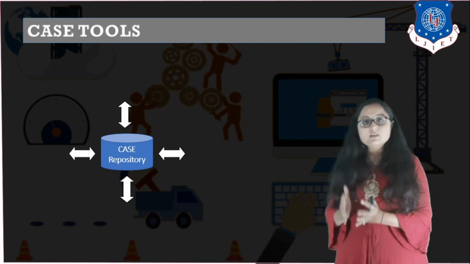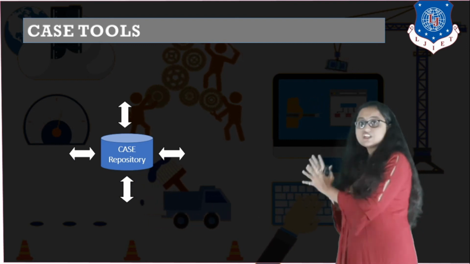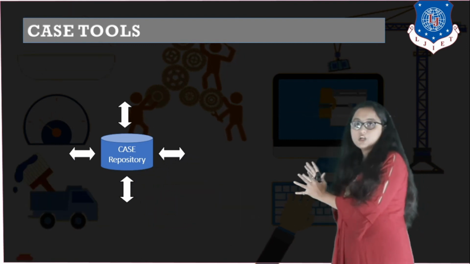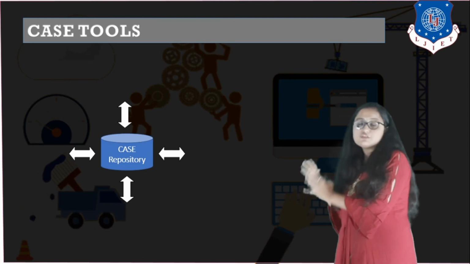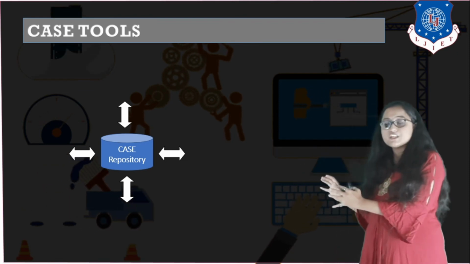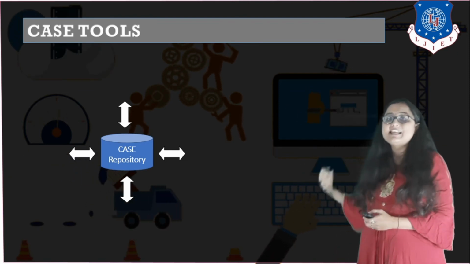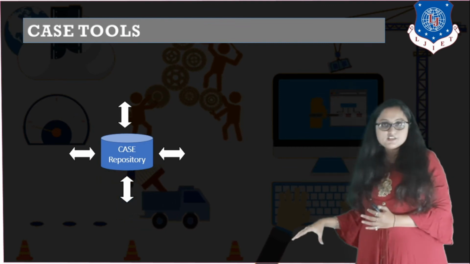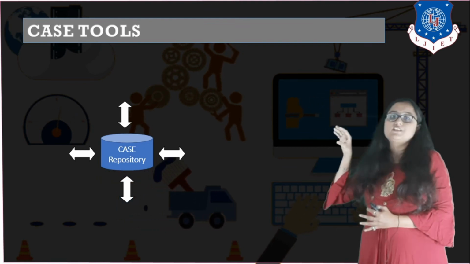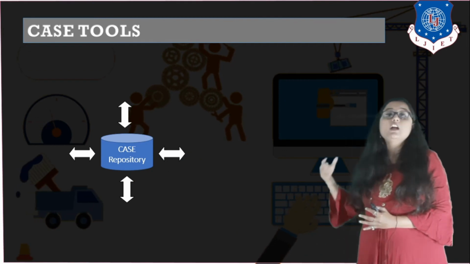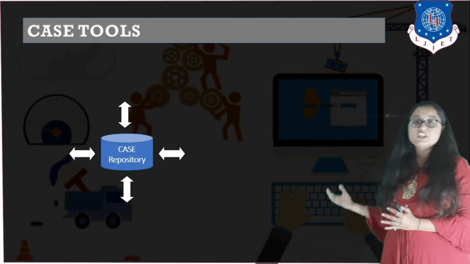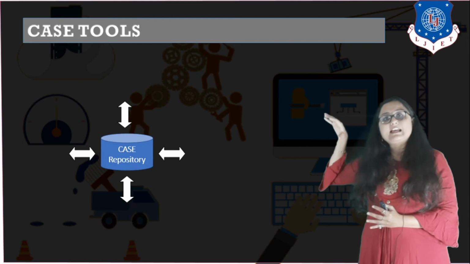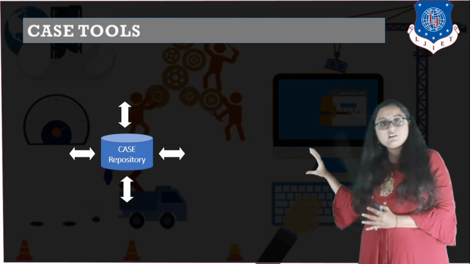So I must have a central repository which consists of all the data. It consists of all the documents, all the data. It acts as a data dictionary from which all the case tools take the data, right? So whether it is the requirement specification, the testing or documentation, or the design documentation, all the case tools acquire the data from a central repository.